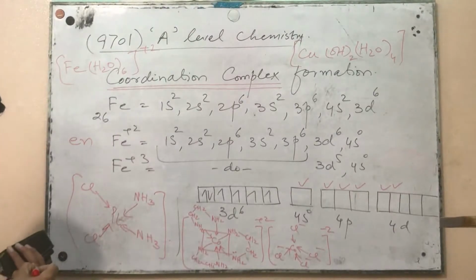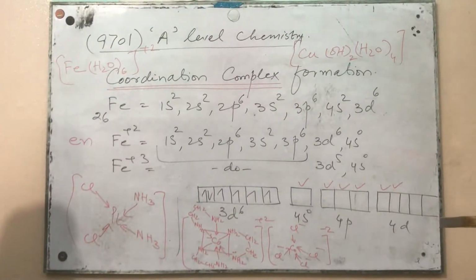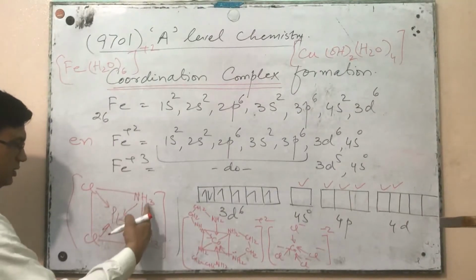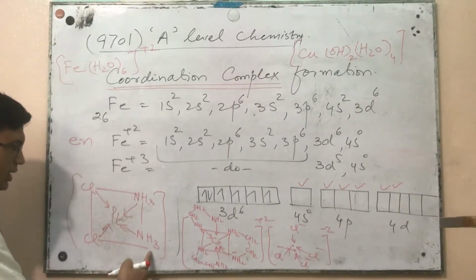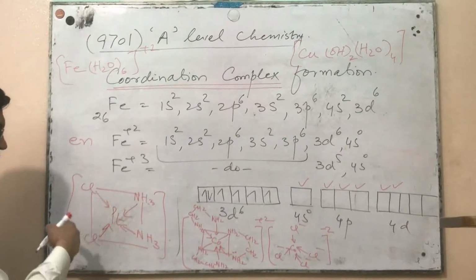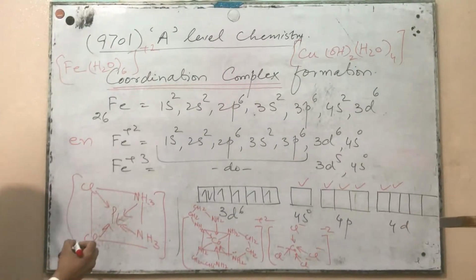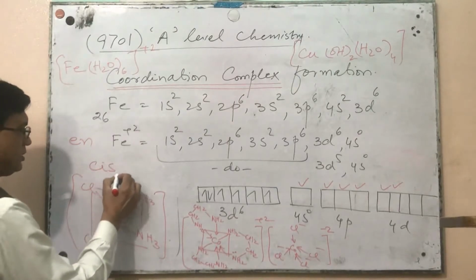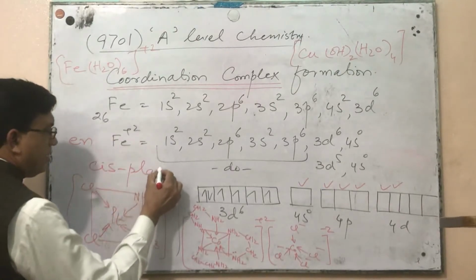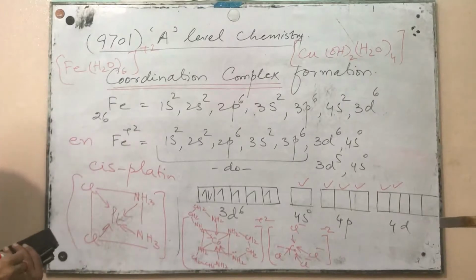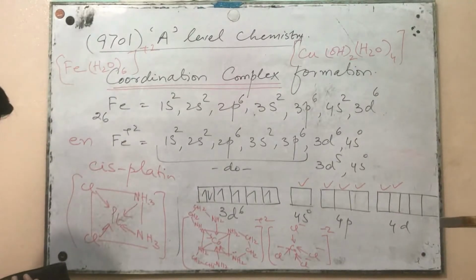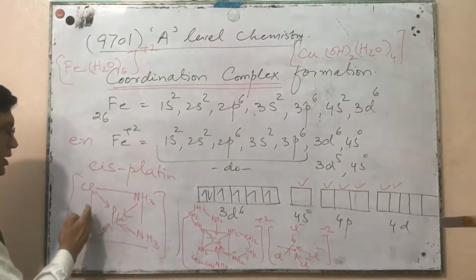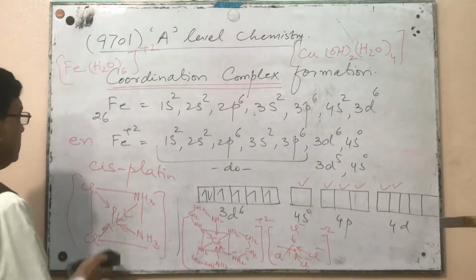This is a square planar complex, as the two ammonia molecules are at one end and two chlorides are at one end. That's why this is called cisplatin. Cisplatin means the complex in which one type of ligand is present on one side and the other type on the other side.